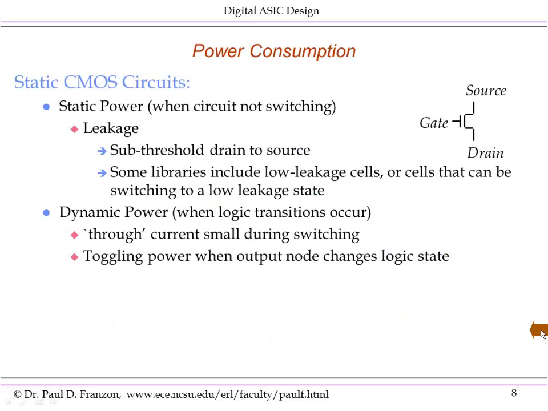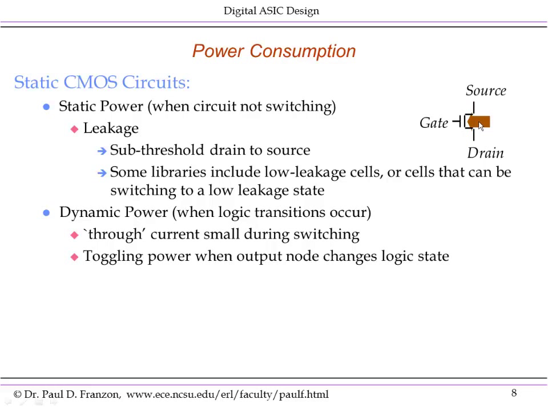So now let's look and calculate the power for a CMOS chip. There are 2 sources of power: static power, which is there whether the circuit is switching or not, and dynamic power when logic transitions are occurring. The static power is the leakage power from the drain to the source.